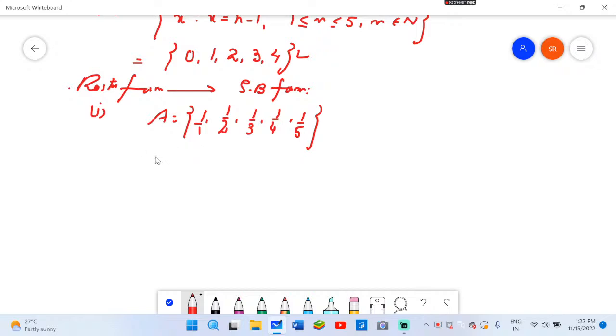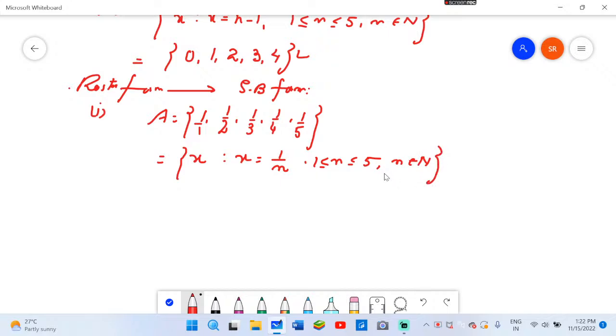Now, when this set is in the set builder form, you see these 1, 2, 3, 4, 5 are natural numbers. We have taken reciprocals of natural numbers. It means we can write x such that x is nothing but the reciprocal of a natural number, and the value of n goes up to 5 starting from 1. It means n is at most 5 and minimum 1, and of course n is a natural number.